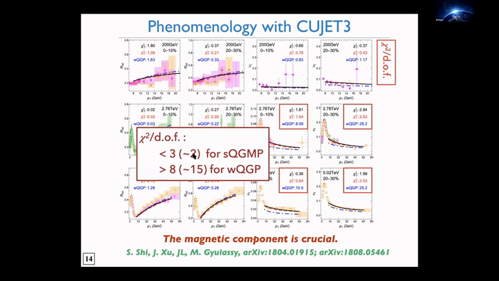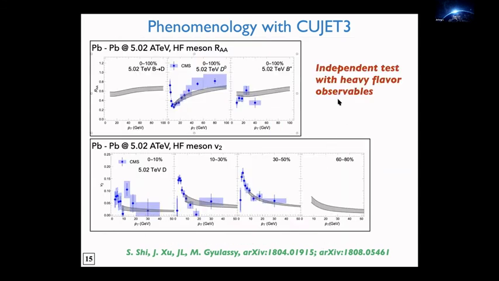So there is a quantitative difference. For this model, you really can make chi-square per degree of freedom be on the order of 2. Quantitatively speaking, that certainly provides a better description of all this data, and the magnetic component in this semi-QGMP is very crucial. Okay, so those are done with light flavor. You can actually use the heavy flavor too.